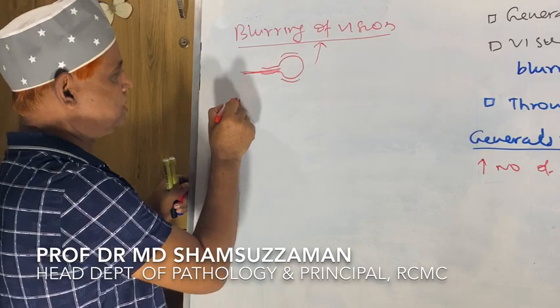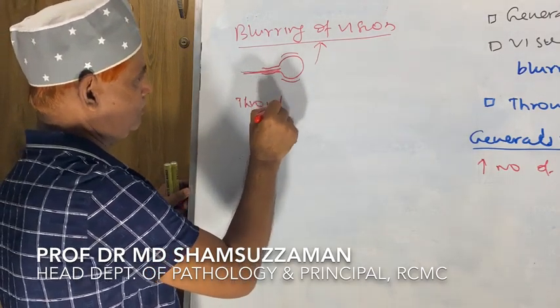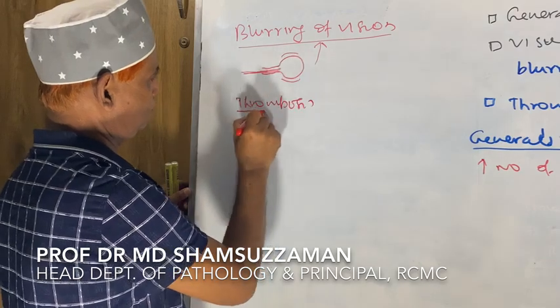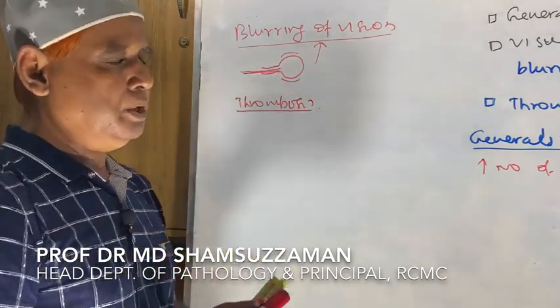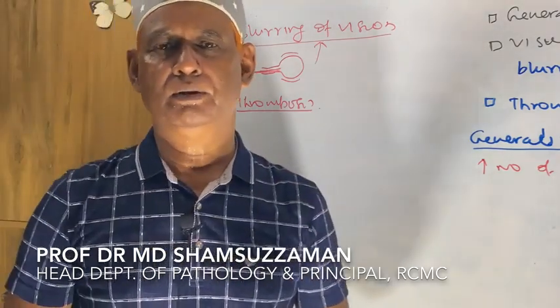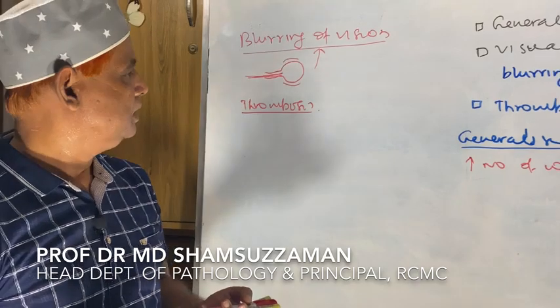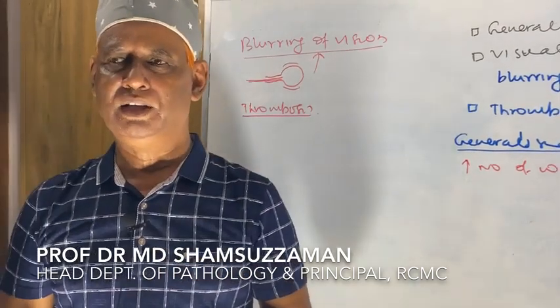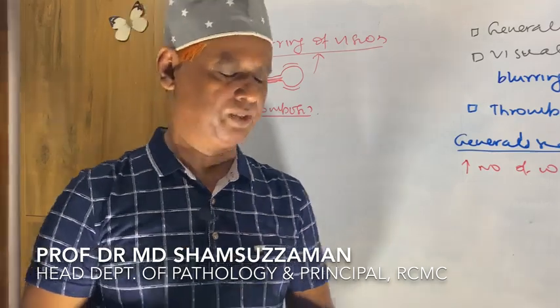Now come to thrombosis in polycythemia vera. Dear audience, intravascular solid or semi-solid mass formed by constituents of blood in streaming blood is called thrombus, and the phenomenon is called thrombosis.